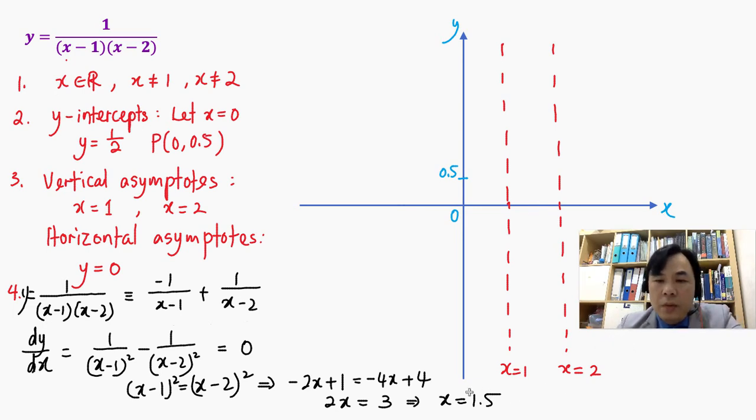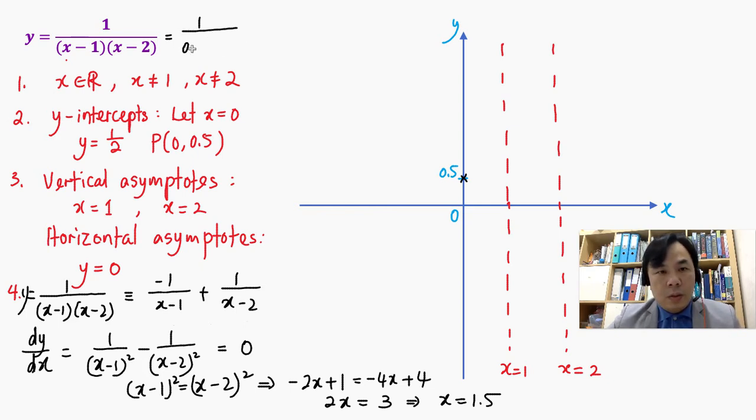Now you can find out this stationary point easily by substituting this x equal to 1.5 into here. All right. Now, before I continue any further, I'm going to mark down all the points that I have currently. So if I substitute x equal to 1.5 into here, I will get a negative number. Just let me try this out roughly before I finalize the answer itself.